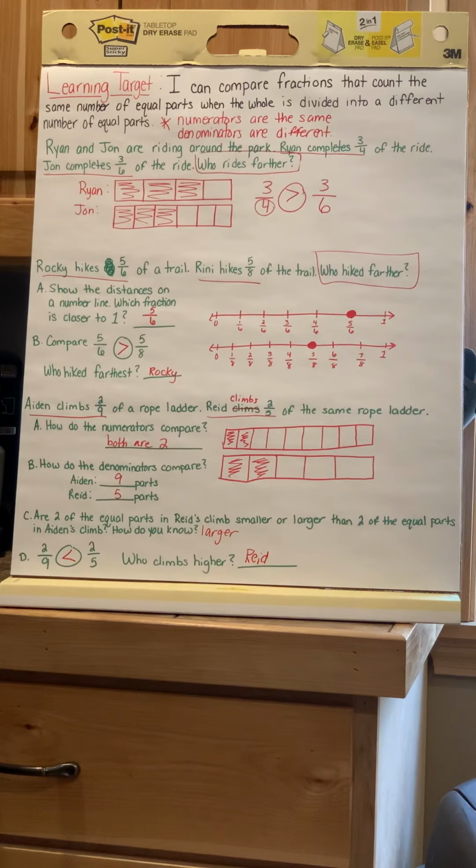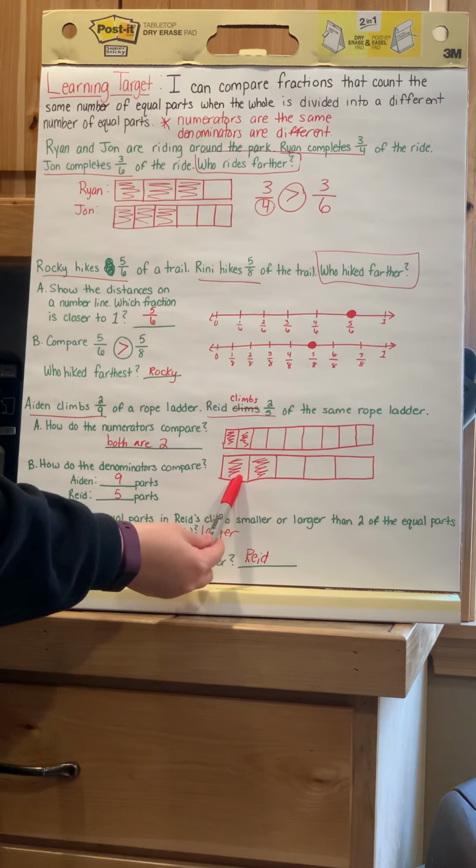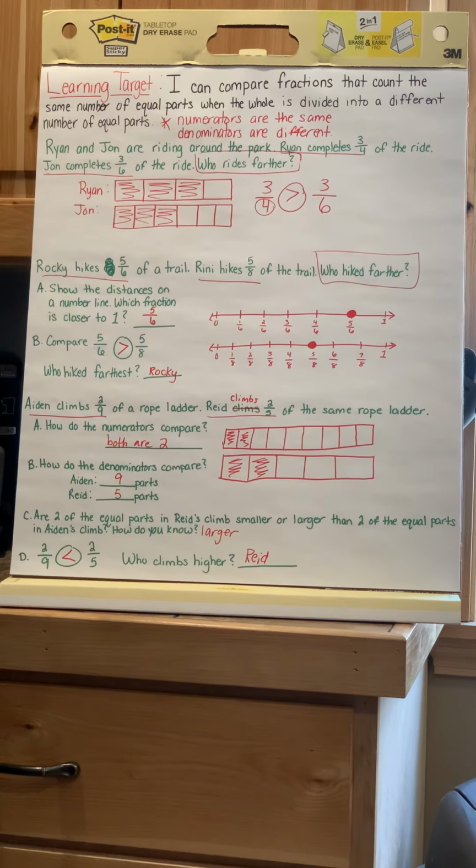What I want you guys to remember when doing this lesson, as long as your numerators are the same, as long as your top number, your numerator is the same, the smaller denominator is going to be your bigger fraction. The smaller the denominator, the bigger the equal parts are.